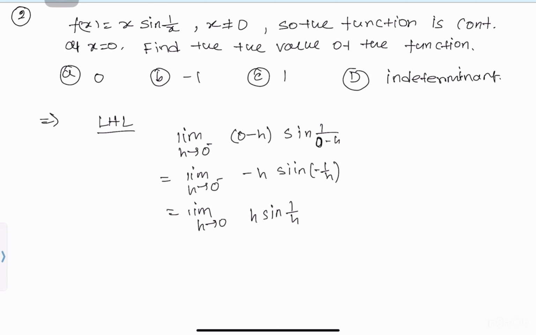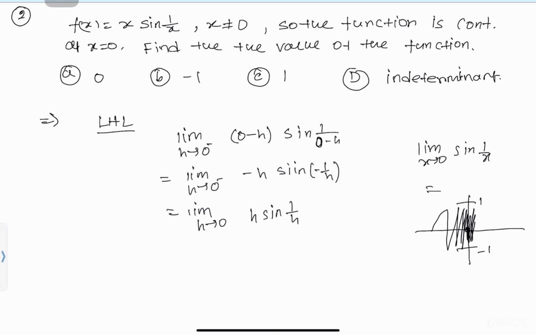Okay, I want to say something. Just tell me, what about limit x tending to 0 of sine 1 by x? This is an oscillatory limit, because why? For sine 1 by x, when x tends to 0, the graph oscillates rapidly here and there, but always in between 1 and -1.